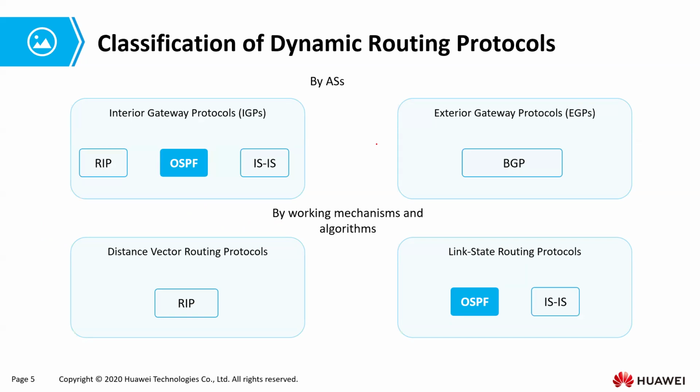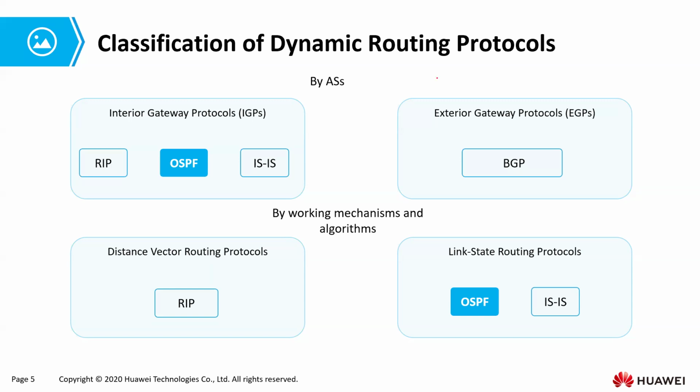Classification of protocols can either be by ASs, which is an autonomous system, or can be defined by their working mechanism and algorithms. By AS, what do we mean? An AS is basically a collection of networks which are operated by a single service provider. That's what an AS is.